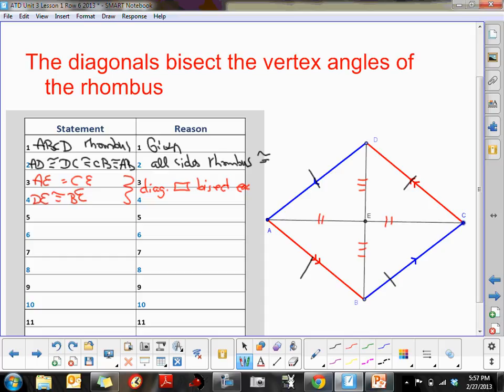So triangle AED is congruent to triangle, working around clockwise, it's going to be CED, which is congruent to, now I'm going to wrap around down here, CEB, probably could go B, E, C, which is congruent to the last triangle here, and that is A, E, B.